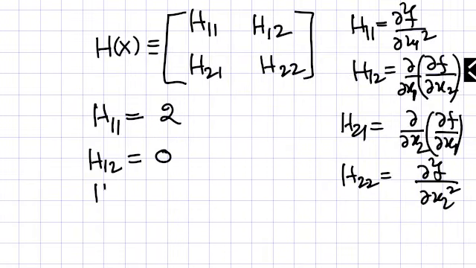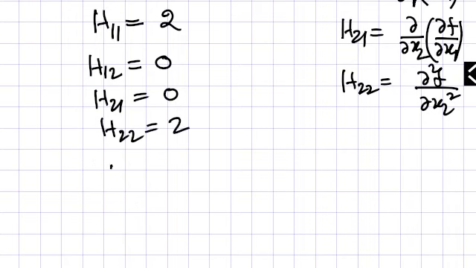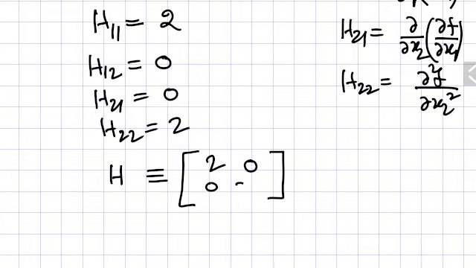Then you will see that the same way it will also be equal to 0 and this will be 2, sorry for that, this will be 2. Now you put all these things in your Hessian matrix, you will find the Hessian matrix is 2 0 0 2. This is your Hessian matrix.